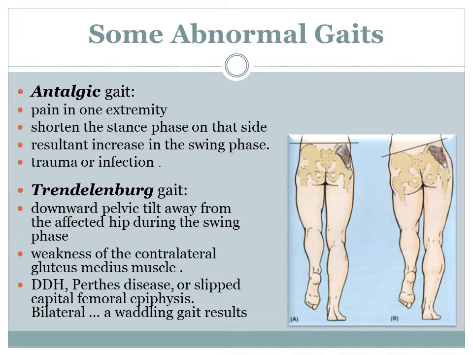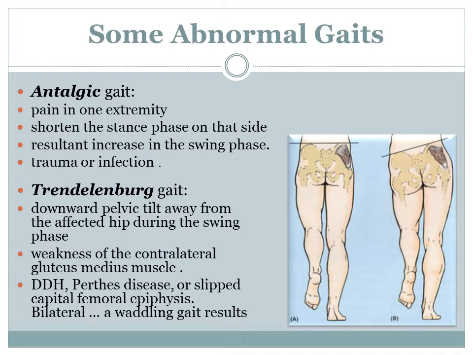Here we start to learn about some very famous abnormal forms of gait. Let's start with the antalgic gait. Antalgic gait simply is the painful gait. Whenever there is any cause of pain in one extremity, this will lead to a very famous form of gait.